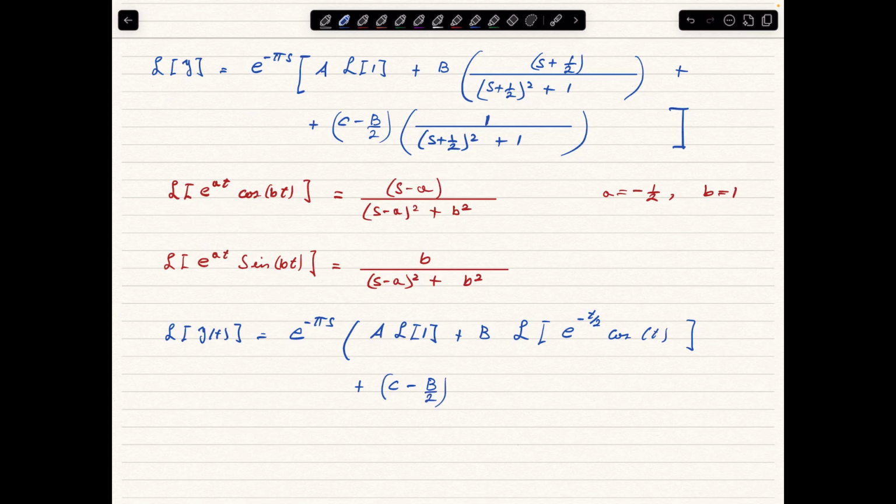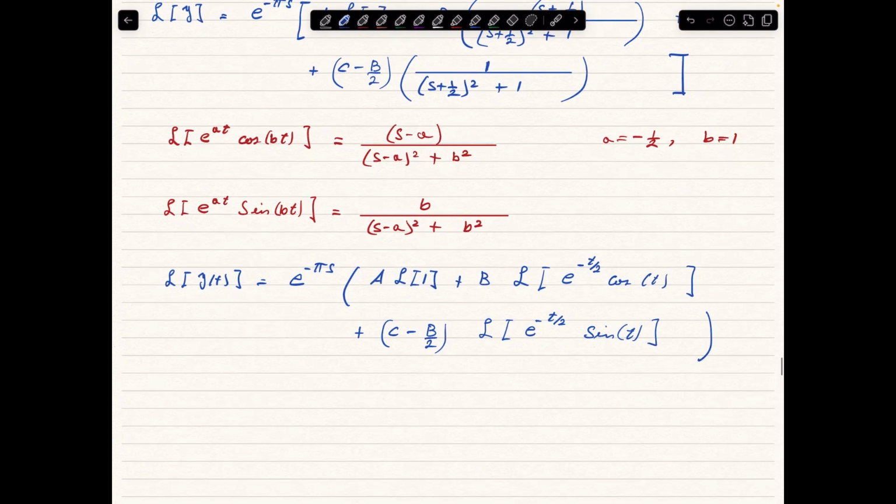Looks complicated, but it's super simple. It's just a number. The Laplace transform of exponential minus t over 2 sine of t. And there it is. We are almost there.